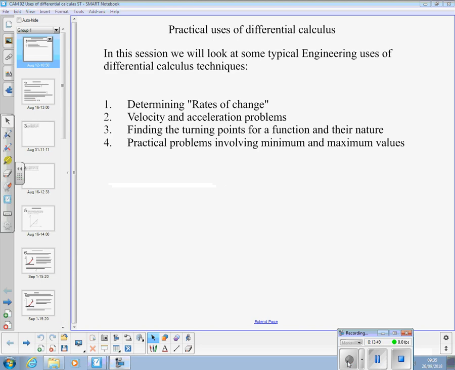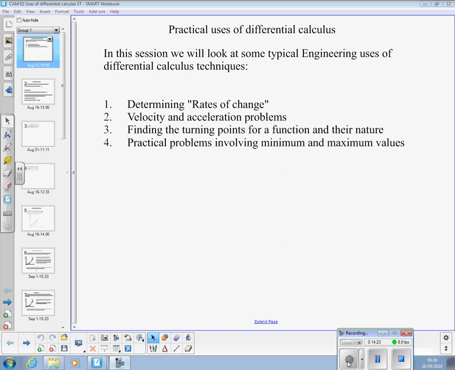So, practical uses. A number of uses in engineering. For instance, determining rates of change: how fast one variable is changing as another one changes. Rate of change of position, velocity and acceleration problems. They're rates of change problems, effectively, of a particular type. Newton's laws of motion equations and that type of thing.